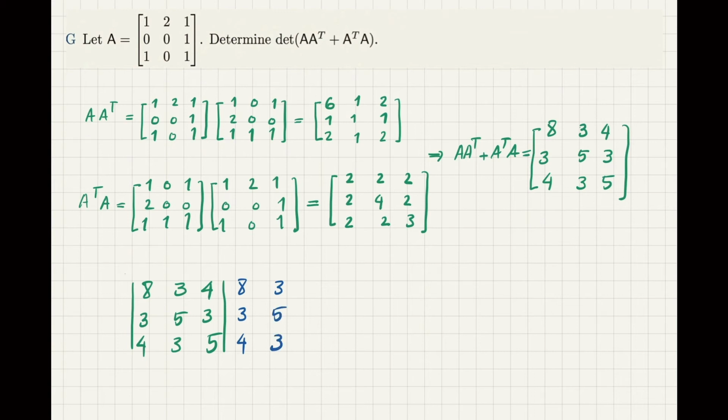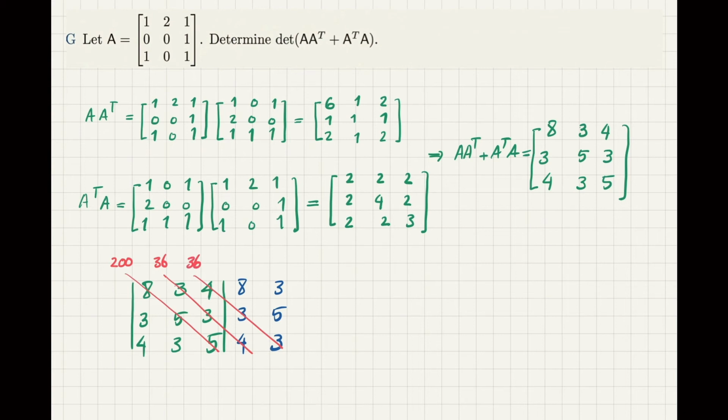Then I need to multiply these entries, and these entries with the same signs. So it becomes 8 times 5 is 40 times 5 is 200. I keep the same sign. 3 times 3 times 4 is 36. I keep the same sign. And then again 36 here.